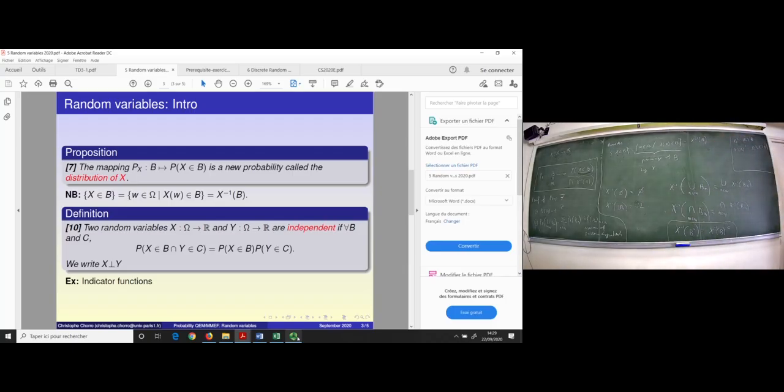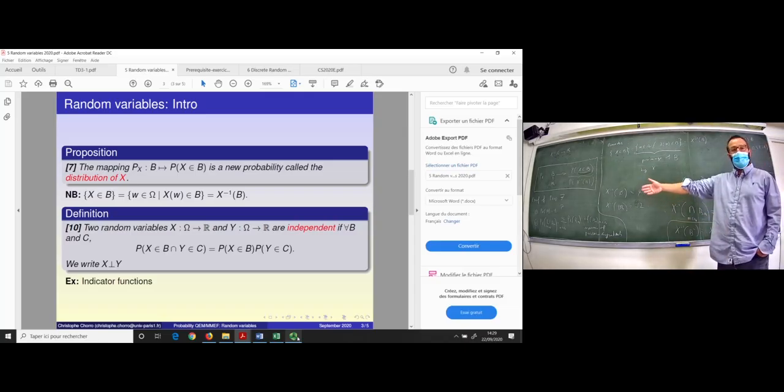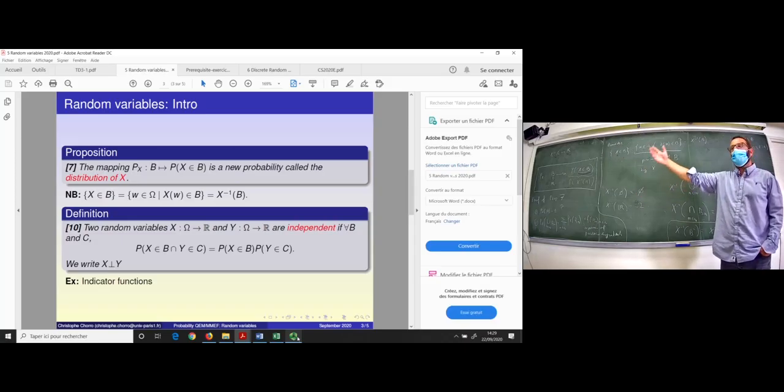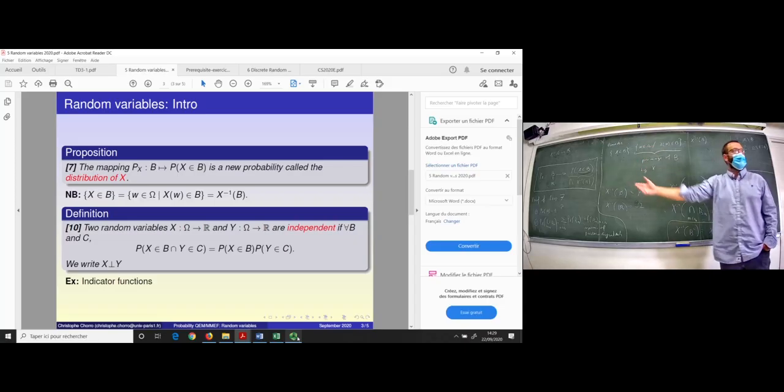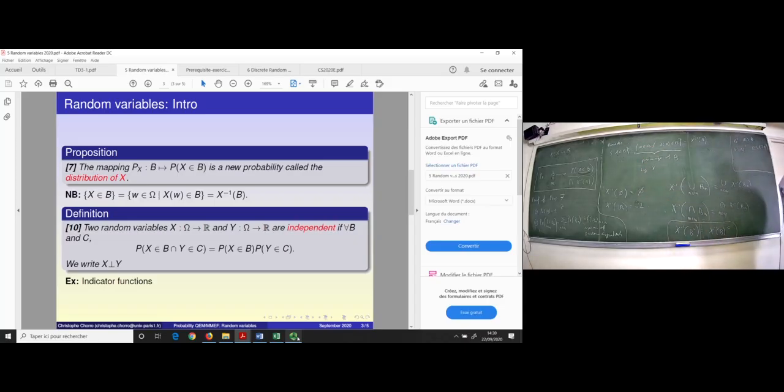That's exactly what we are going to do here to prove 1 and 2 in the case of Px, to prove that it is a probability. That will be a new probability that we will call the distribution of capital X, the distribution of the random variable capital X. So don't be surprised, it's exactly the definition we have seen together in the first class. After the intuitive definition I have given to you, I have given a theoretical definition that was exactly this one. Okay?